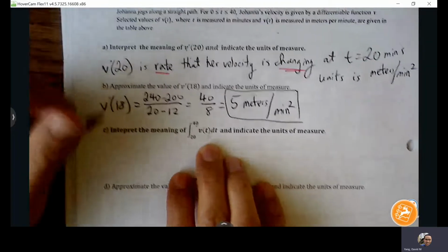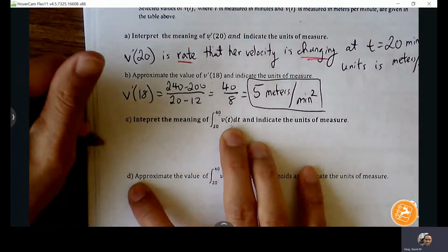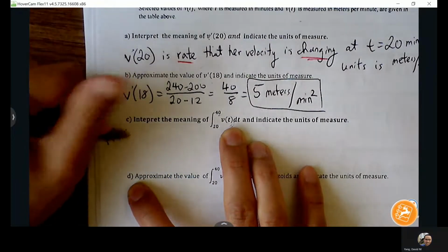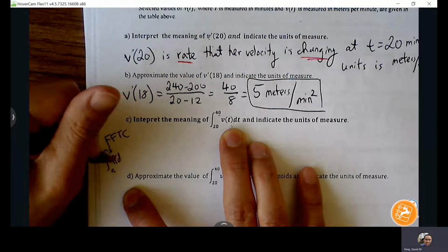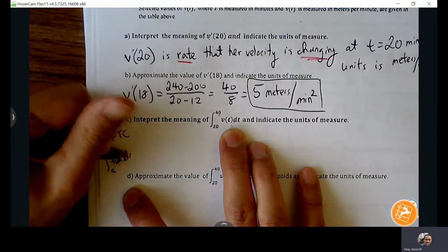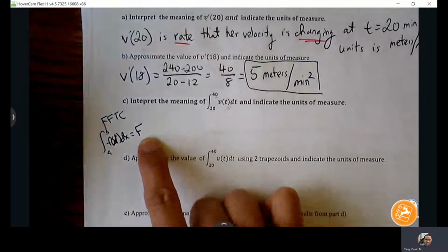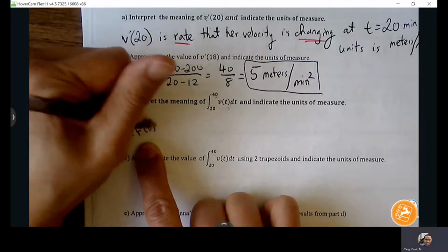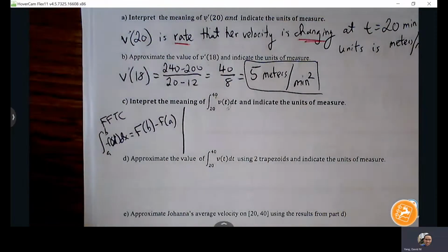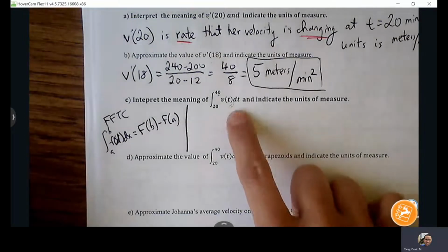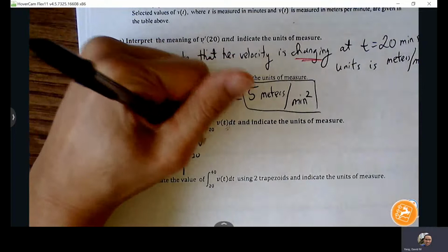Also think about how this is basically the First Fundamental Theorem, right? The First Fundamental Theorem says if I take the integral of a function, f of x, that's going to turn into its antiderivative, indicated by uppercase F, and then we subtract our upper bound minus the lower bound. Same thing here: integral from 20 to 40 of v of t.